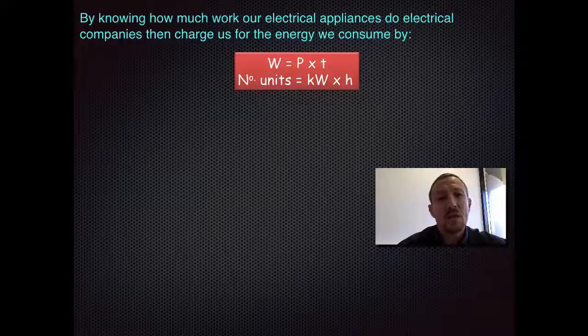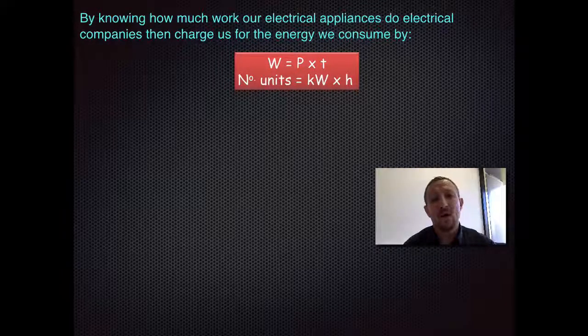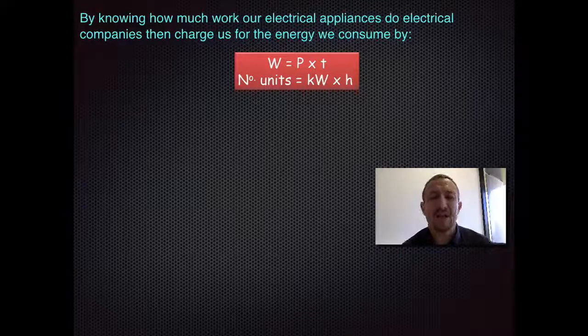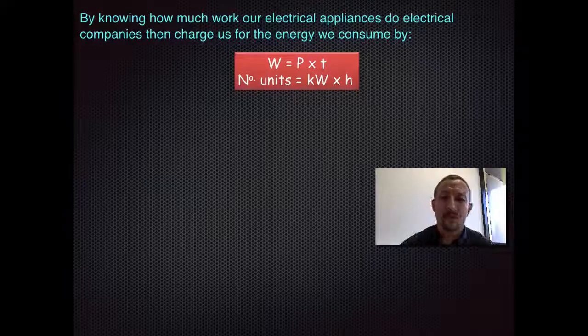Now basically what we can then state is that work will equal power times time, so the amount of time that we utilize and the power that goes on. Now often this is written in kilowatt hours, and we have the number of units in kilowatt hours, and that's what we are charged for. So you may have to pay 80 cents, for example, for 1 kilowatt hour. So obviously the more kilowatt hours you utilize at home, the more you are charged.